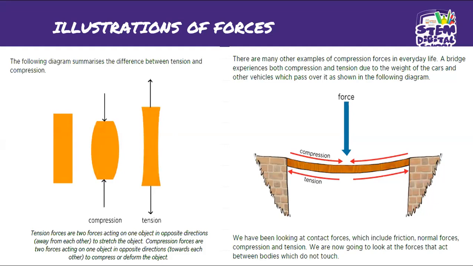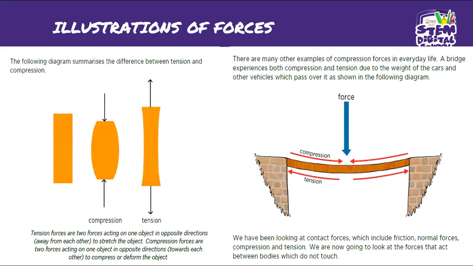This is the object that is undergoing compression and then tension. Tension forces are two forces acting on one object in opposite directions to stretch the object. Compression forces are two forces acting on one object in opposite directions towards each other to compress or deform the object. There are many other examples of compression forces in everyday life.